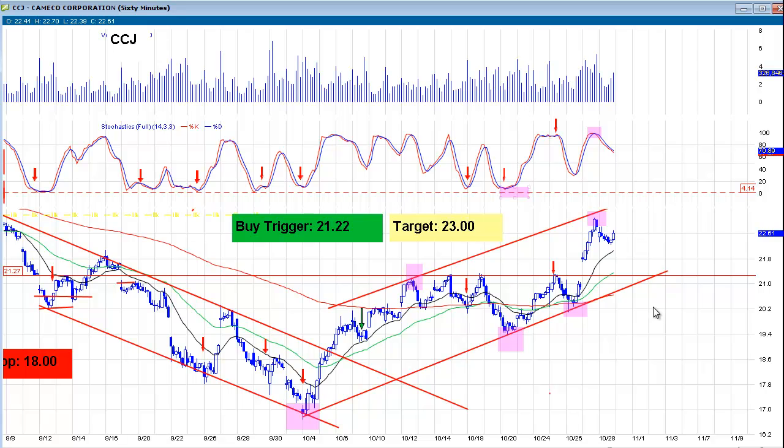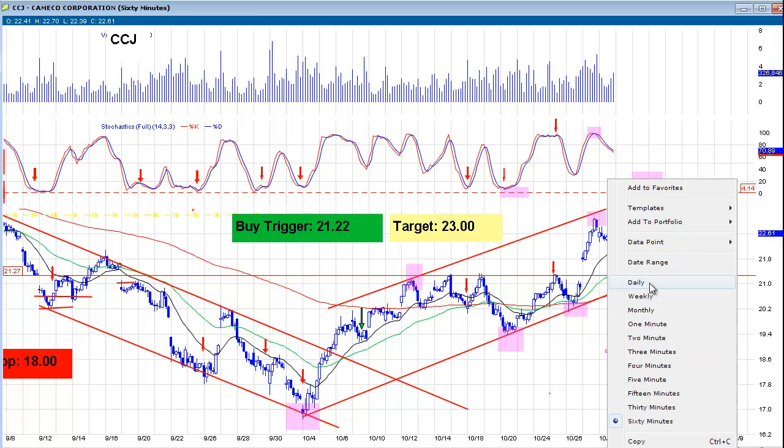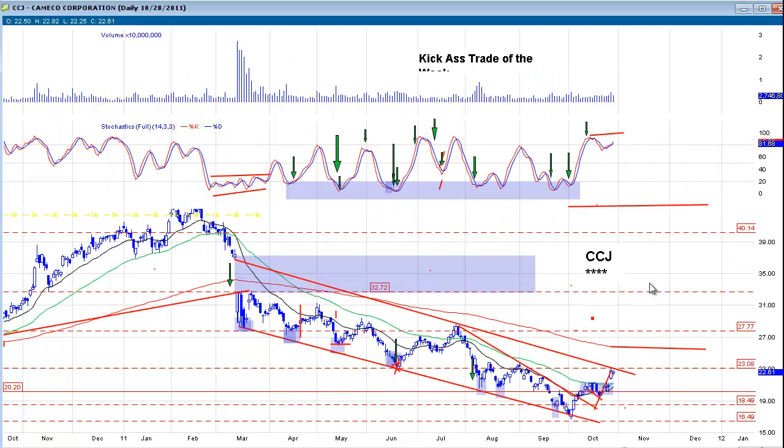If we got a pullback down there, a dollar pullback would be right on top of it, and again, waiting for those stochastics to pull over into an oversold level. But because it hasn't broken out of the channel yet, there's a nice gap above us. Stochastics are crossing back to the upside. I expect a breakout of this channel early this week. So CCJ, great setup.